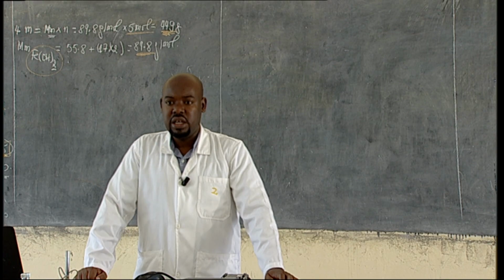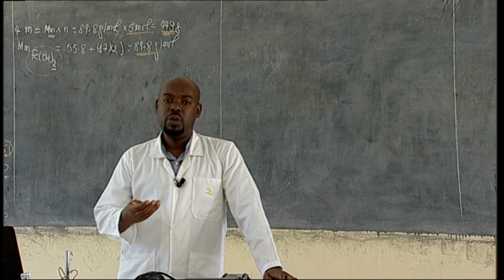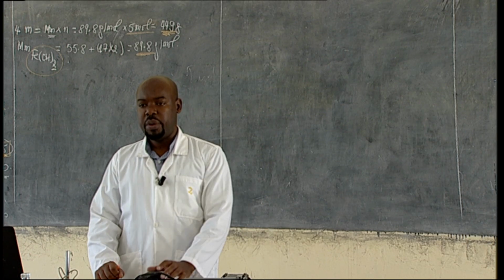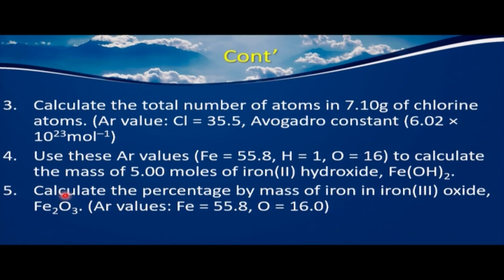So you should always be able to write the molecular formula of compounds, because whenever you are given a name like iron 3 oxide and you are not able to write the formula of that compound, then you can't identify what? You will not be able to identify its molar mass, because you don't have the exact number of atoms in the compound. So you should always be able to write the molecular formula of these compounds.